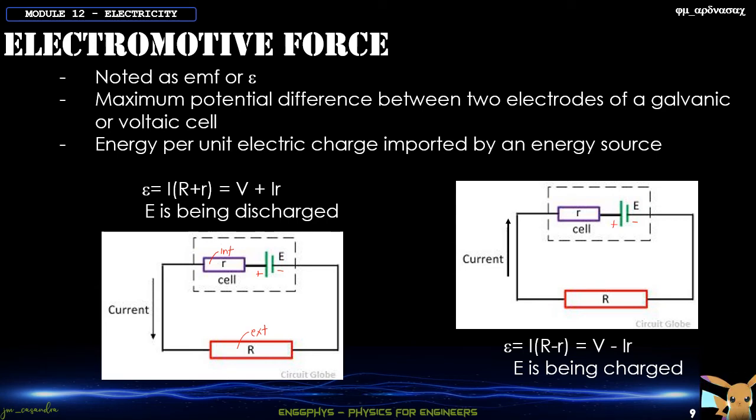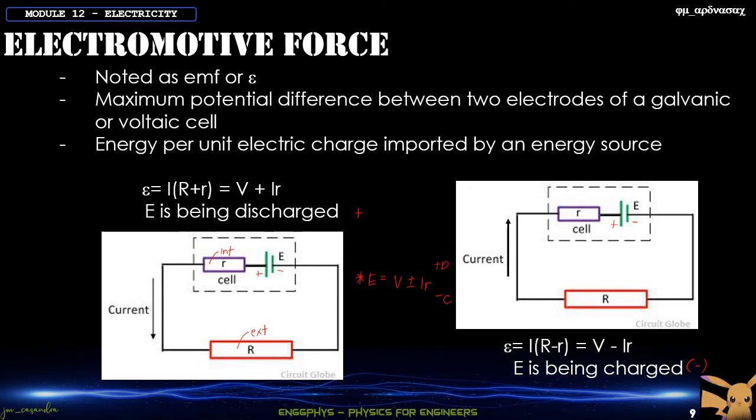So pag, again, discharging, it is a plus. And if it is charging, it is a minus. Okay? So basically, for our EMF, that is simply equal to V plus or minus I times your internal resistance. So, positive is discharging, meaning negative to positive, minus pag charging.